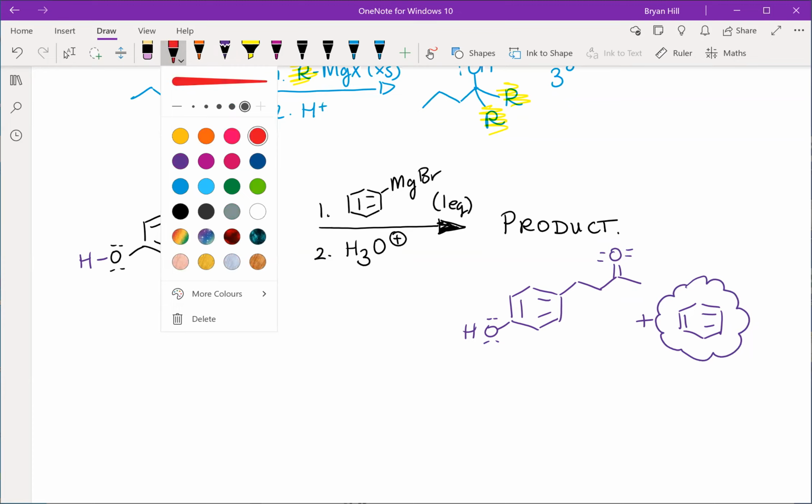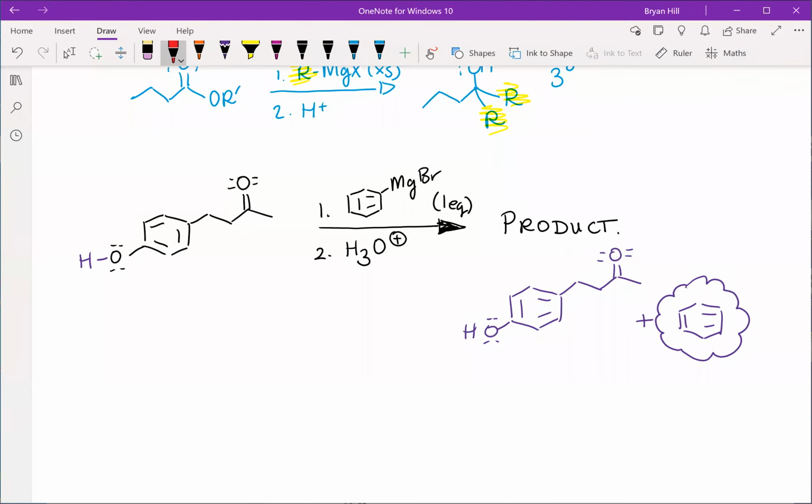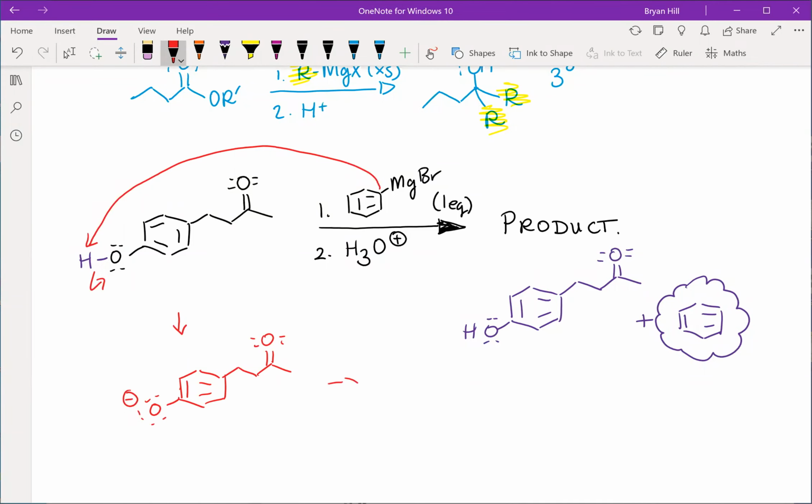So if you had only one equivalent of your Grignard reagent, it is going to grab this proton, and then you will form the conjugate base. And it's going to hang out like this until the second step, where you add your H plus, and then you would get your product.